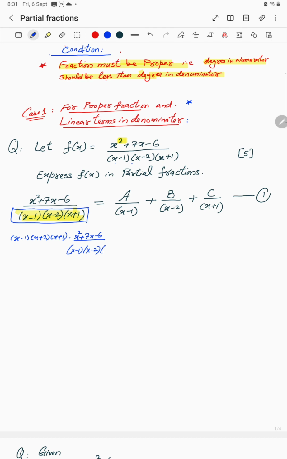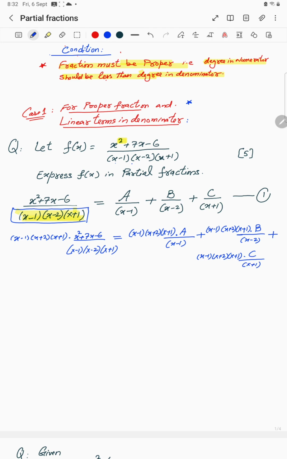I'm going to rewrite it, equal to: the same x minus 1, x minus 2, x plus 1 times A over x minus 1, plus again the same term times B divided by x minus 2, plus again x minus 1, x minus 2, x plus 1 times C divided by x plus 1, right?